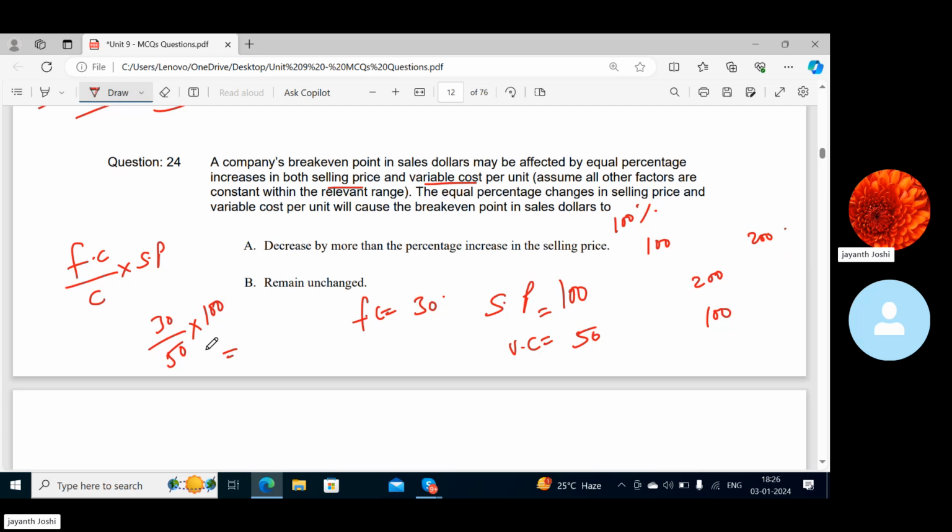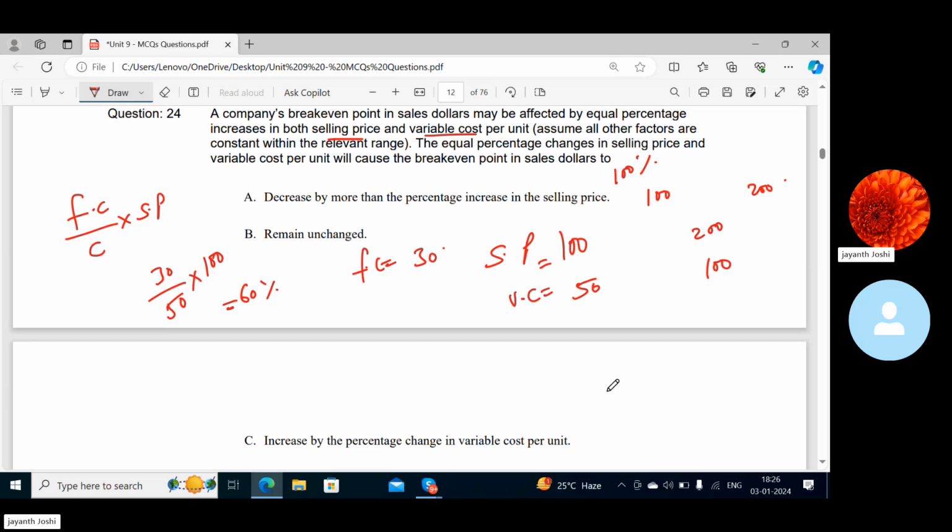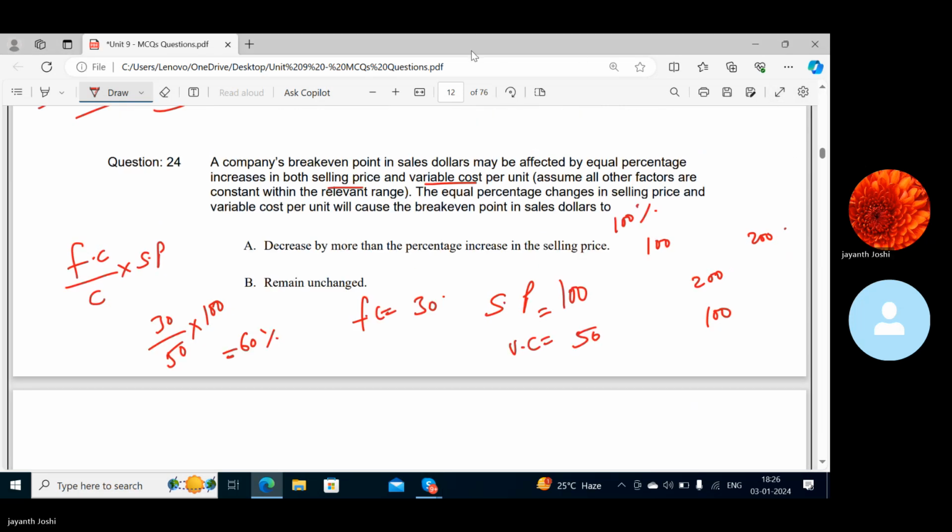So tell me what is the fixed cost by contribution? 60. And here again, contribution is how much? Fixed cost is 30.